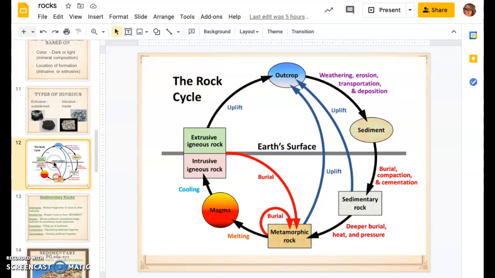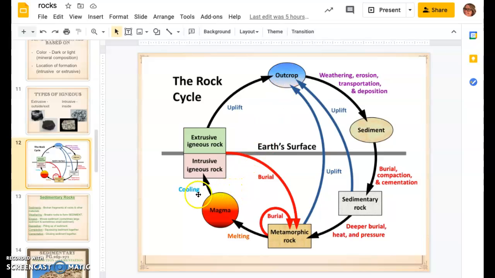Last week, you guys had the rock cycle assignment, and this is one of the images that someone shared with me, and I thought it was a great image, so I added it to our slideshow. This gray line in the image represents the Earth's surface, and I thought it was a really neat image of the rock cycle because everything below the gray line is showing you processes that take place inside the Earth, and everything above the gray line is showing you processes that take place on the Earth's surface.